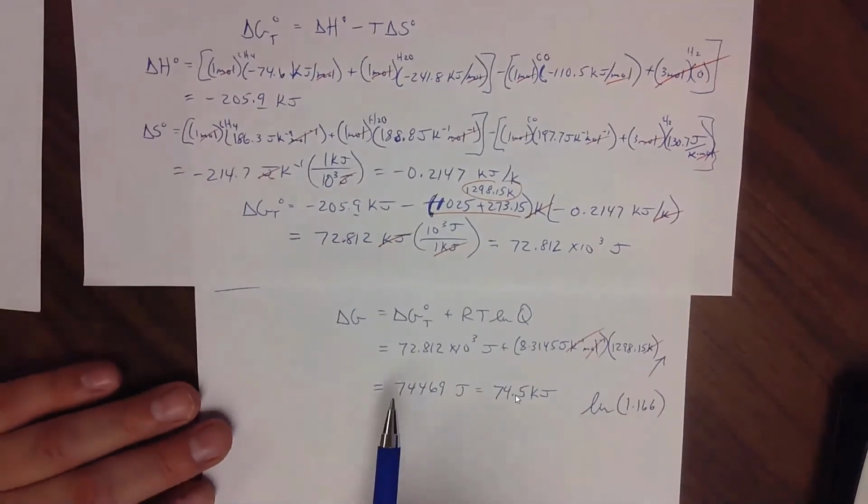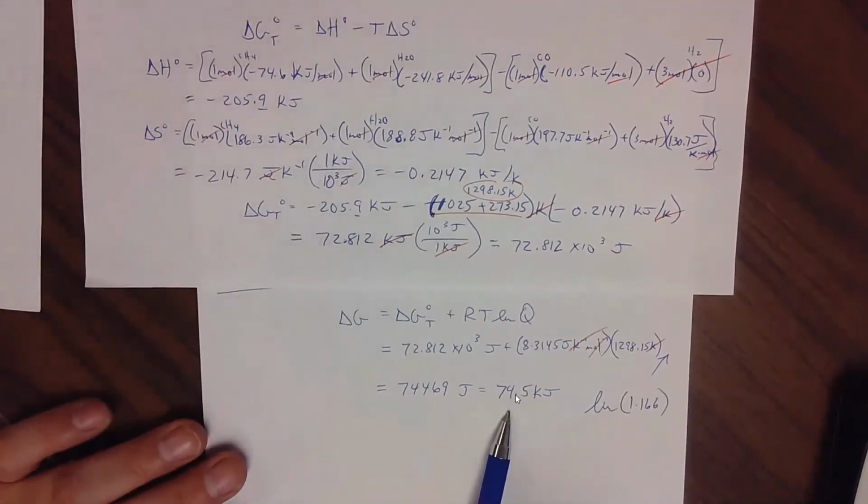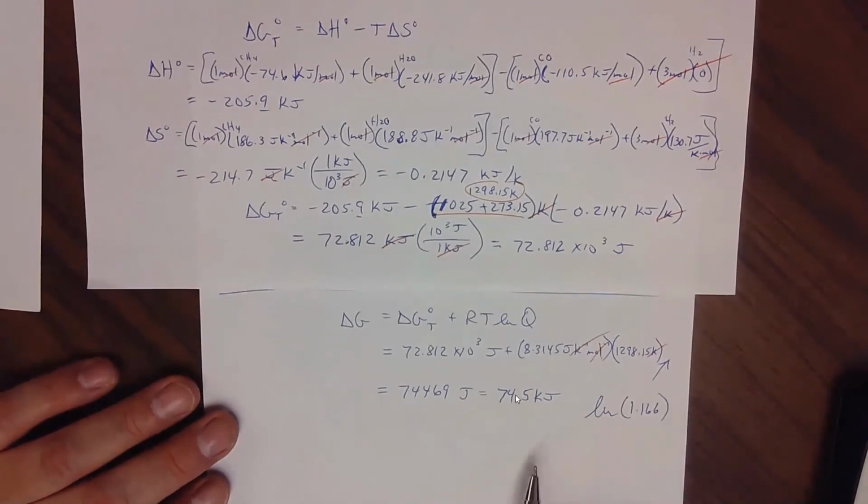Now, if del G is this value, what does that tell you about the reaction? Which direction is it going to go in? Is this reaction spontaneous or non-spontaneous? It's non-spontaneous. Yeah, it's positive, right?